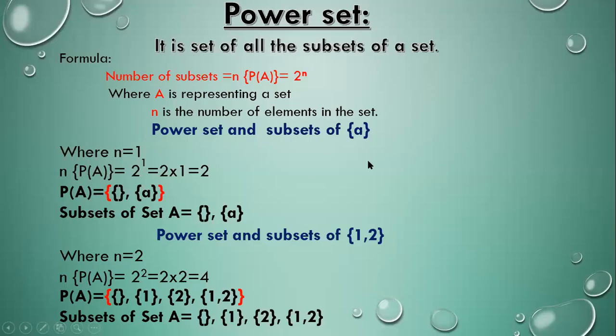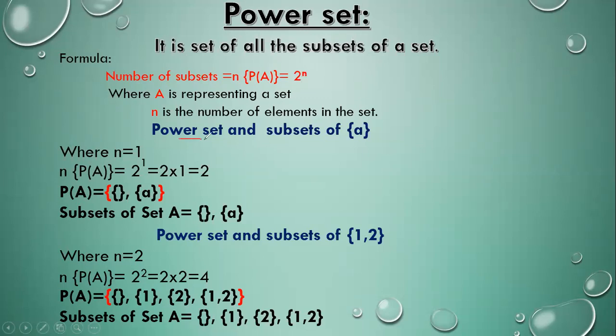Okay. Now, power sets. A power set is the set of all the subsets of a set. The formula for finding the number of subsets is 2 to the power n of set A, where A represents a set and n is the number of elements in the set.